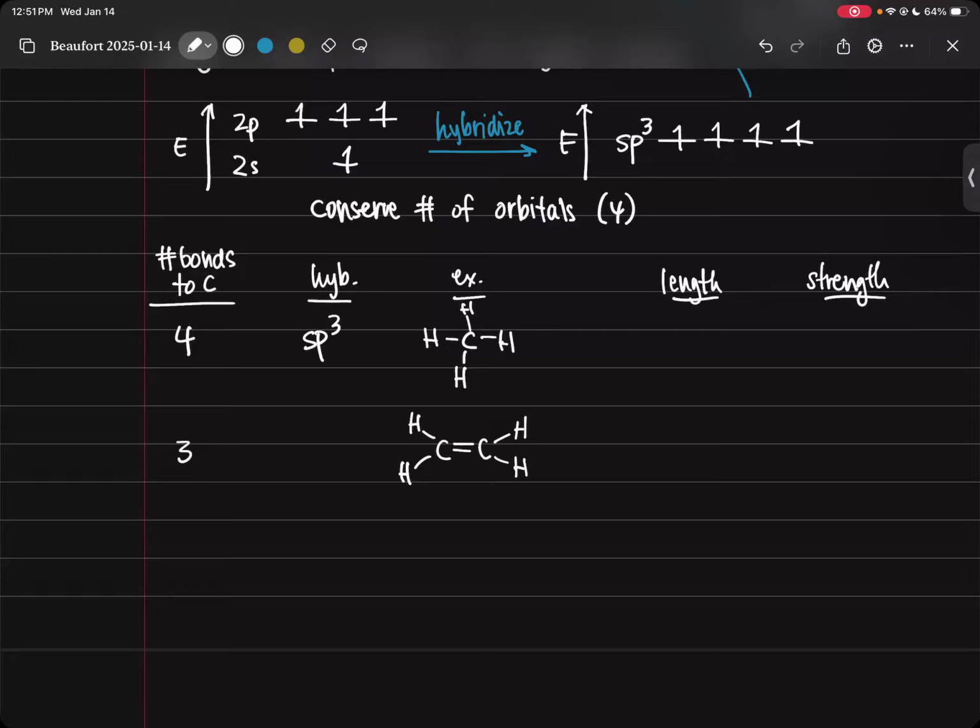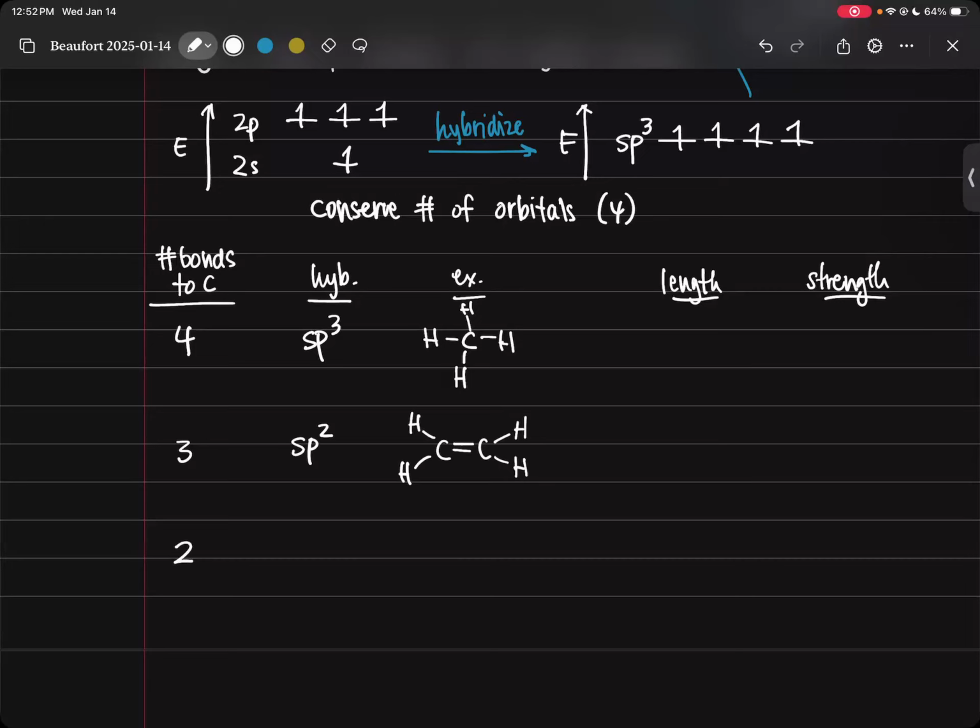So in this case, this double bond in between is only using 1 hybrid orbital. And so instead of sp3, we combine 1 s orbital with just 2 of the p orbitals. And so that becomes sp2 hybridized, and carbon has 3 bonds, or 3 things attached to it.